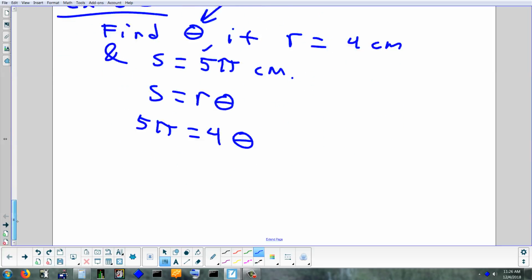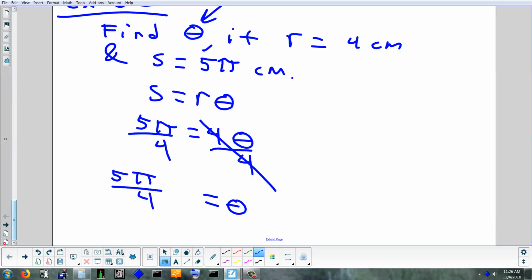And the angle I don't know. So now there's just one step. Rebecca, how would I get theta by itself? Divide by 4 on both sides. And the angle is 5 pi over 4. And what's the unit on it again?